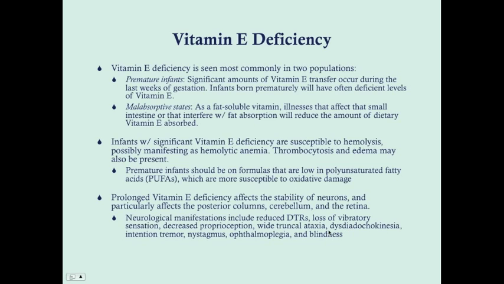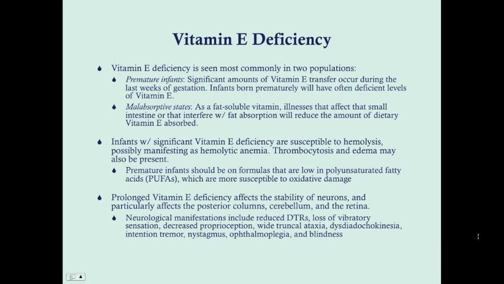Dysdiadochokinesia, that's a nice mouthful of a word, but this is the ability to do repetitive movements. So a good way to test this is to have a patient touch their thumb to each finger and to just repeat that and go back and forth. And then intention tremor, nystagmus, ophthalmoplegia, and blindness are things that you can see a little bit later on.